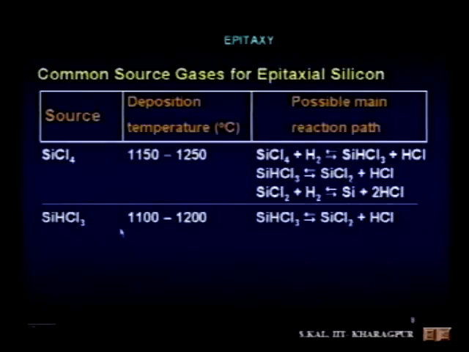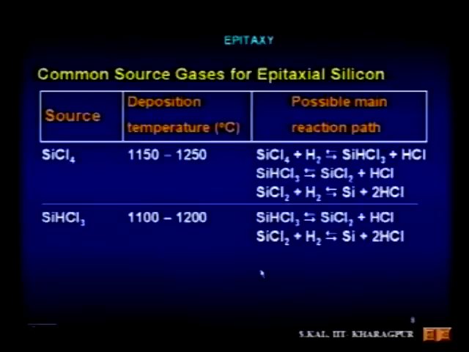At 1100 to 1200 degrees centigrade, trichlorosilane SiHCl3 decomposes to SiCl2 plus HCl. That means this step follows directly. And after SiCl2, another reversible reaction with hydrogen makes silicon plus 2HCl.